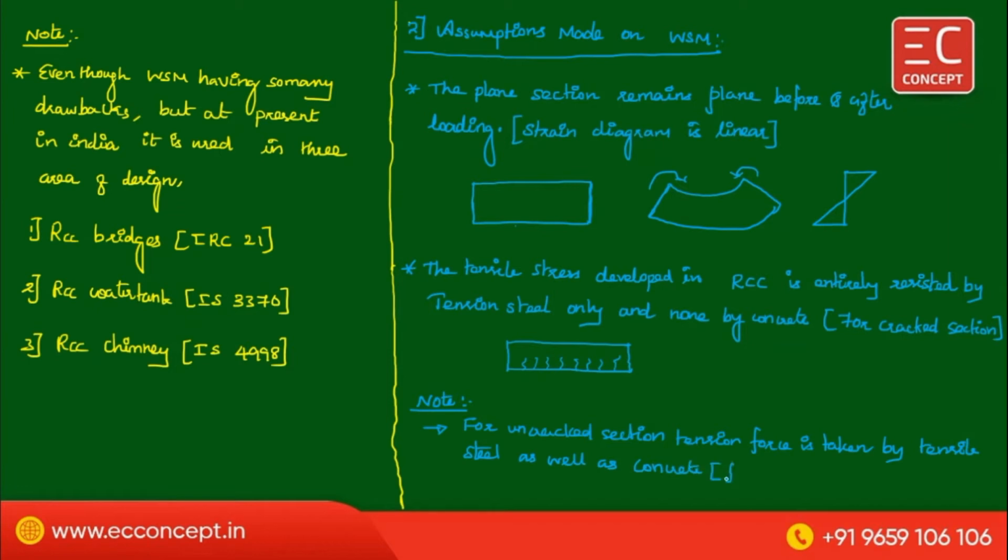Concrete tensile capacity is what? FCR is equal to 0.7 root of FCK. So be careful. For a cracked section, the tensile stress is taken by only tensile steel. For an uncracked section, the tensile force is taken by tensile steel as well as concrete. This is a very, very important assumption.